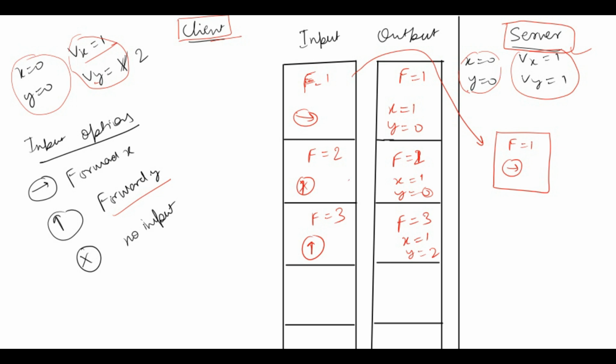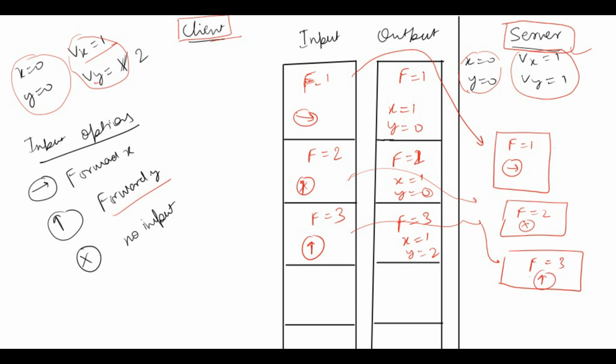So now these two frames will also be sent to the server. Here is frame 2, which doesn't have an input, and this is frame 3, which has a forward y input. Okay.